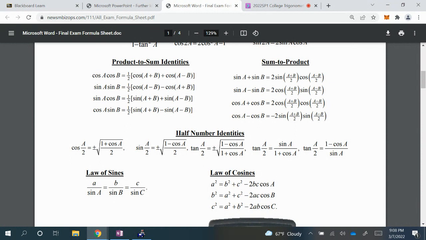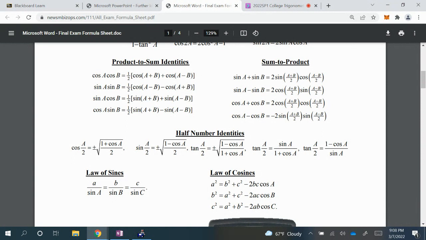And then for the half number of tangent, there are 3 formulas. The first formula says the half number for tangent is equal to plus or minus. So here again, based upon what quadrant your angle lies in, that's going to determine which sign you use.